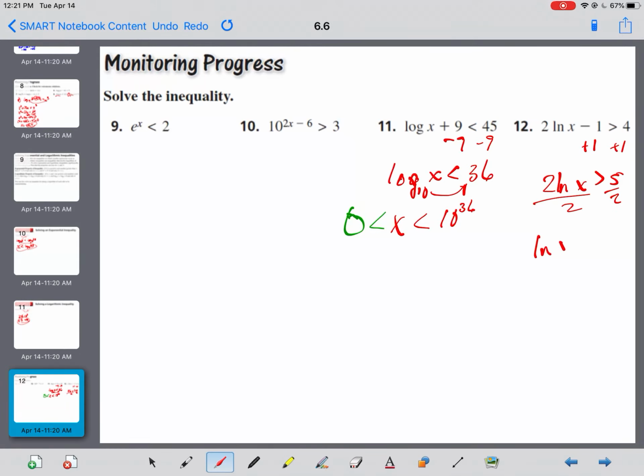And let's see what e to the 5 halves is. e to the 5 divided by 2. 12.182. So x is greater than or equal to 12.182.